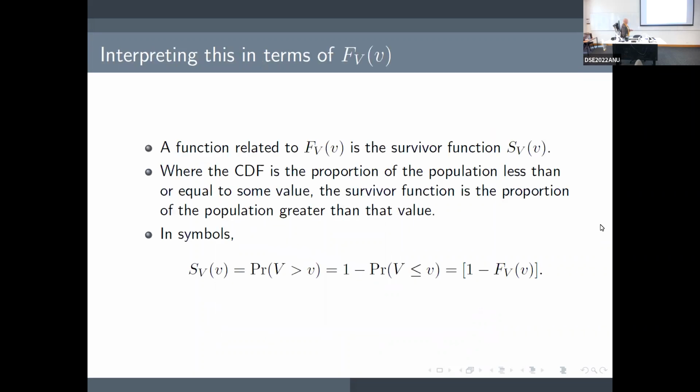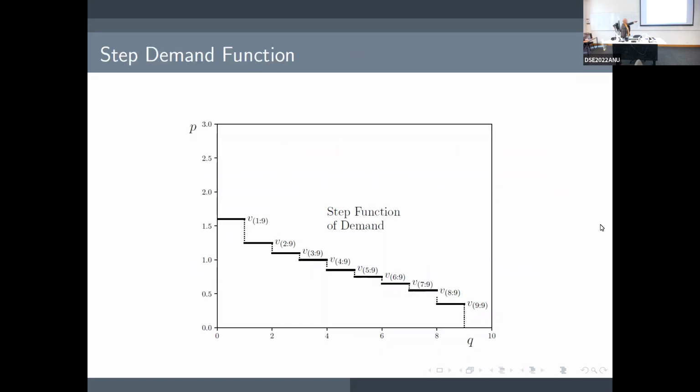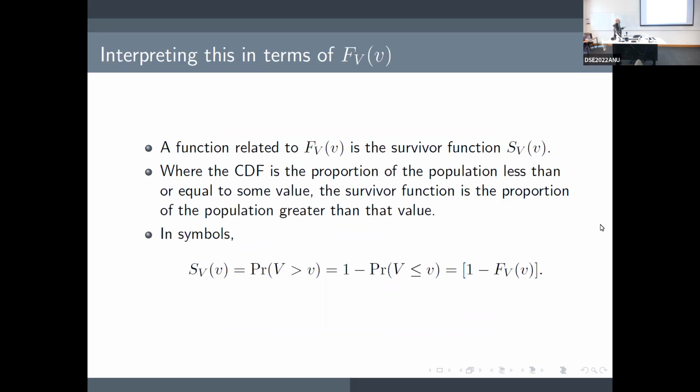So one of the things you would like to know is, this is a sample analog. This is the sample demand curve. What does the population look like? Well, it's a survivor function. What you want to look at is what proportion of the sample would buy if the price was below some level.